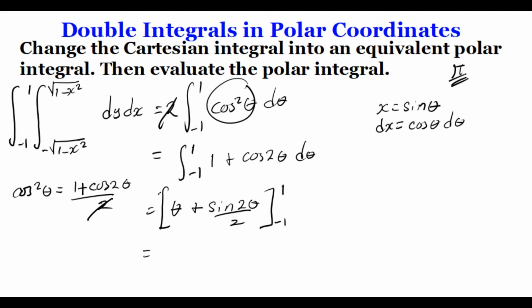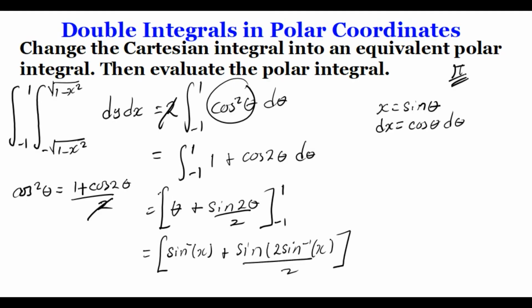But you can actually take this back. Say your x is equal to sine theta, meaning theta itself is equal to sine inverse of x. Then you say plus sine of 2 sine inverse of x, divided by 2, like that.